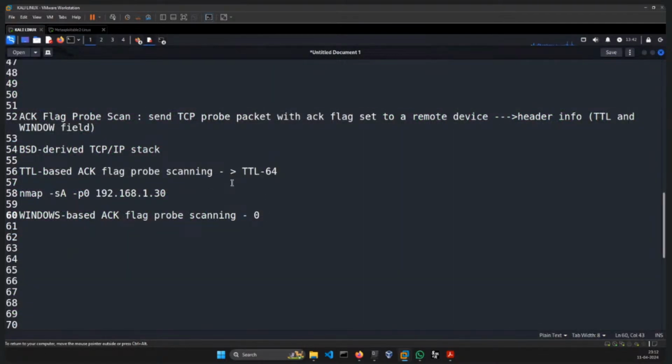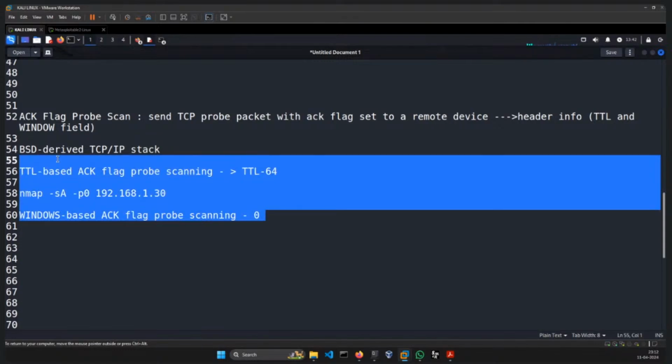On some systems, the window value of RST packet for closed ports is always 0, right? So whenever the port is closed, it will give you 0, but any other value that is other than 0, like 256 or 512 or 1024, those kind of numbers, they represent the open ports. Okay, clear guys? Is this clear?